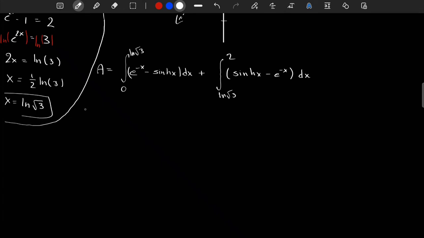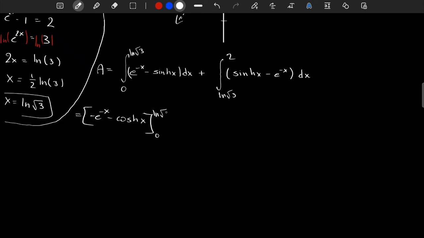So taking this, we will have a negative e to the negative x minus, it'll just be cosine of hx, because the derivative of cosine is sine. We'll call it cosh in this case, however you want to call it.